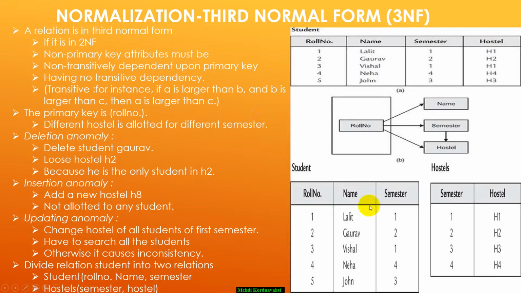Here is an example. We separate this table into 2 tables, one for a student and the second for the hostel. So we can resolve the anomalies at this level.